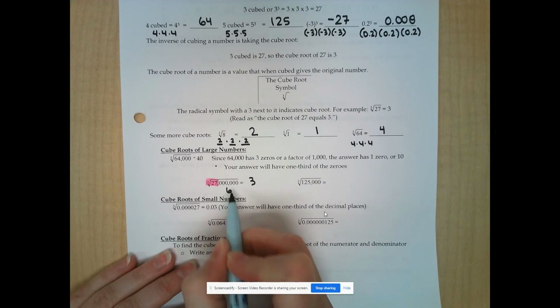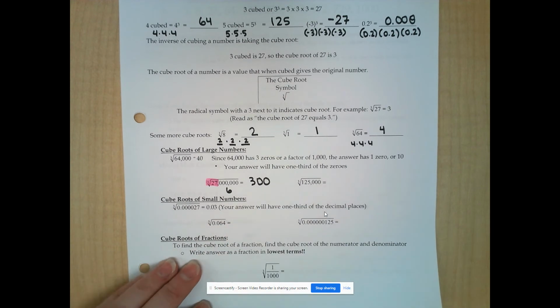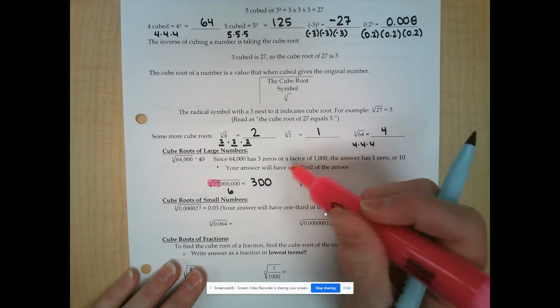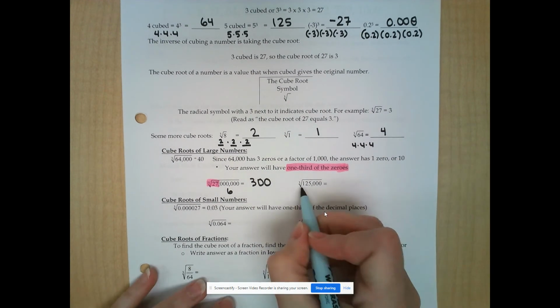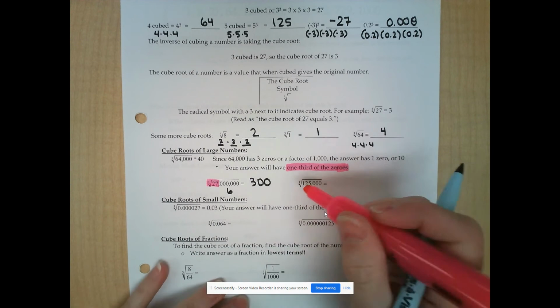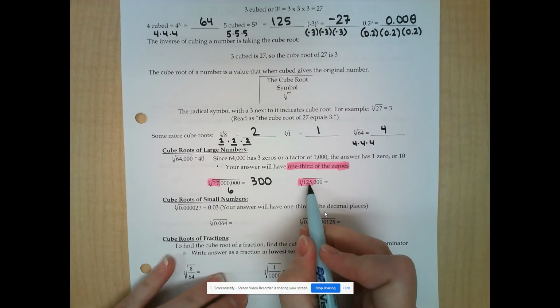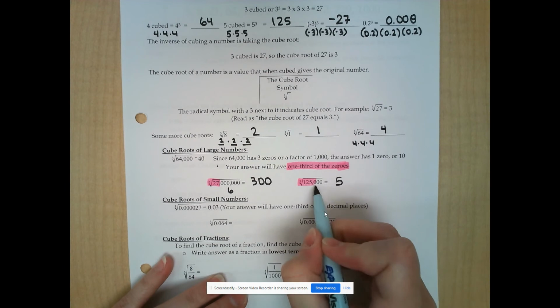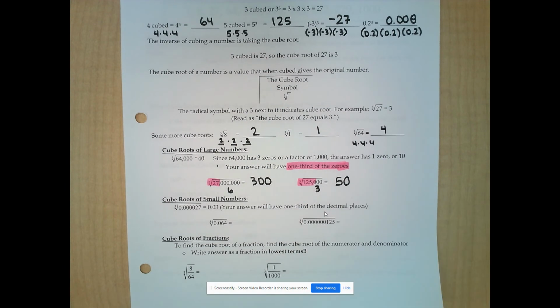Since there are 6 zeros, I only want 1/3 of that, which would be 2 zeros in my final answer. So I'm just going to make a point here: 1/3 of the zeros. So if I want the cube root of 125 and then there's 3 zeros, I would take the cube root of 125, which is 5. And since there are 3 zeros, I only want 1/3 of them, which would be 1 zero.